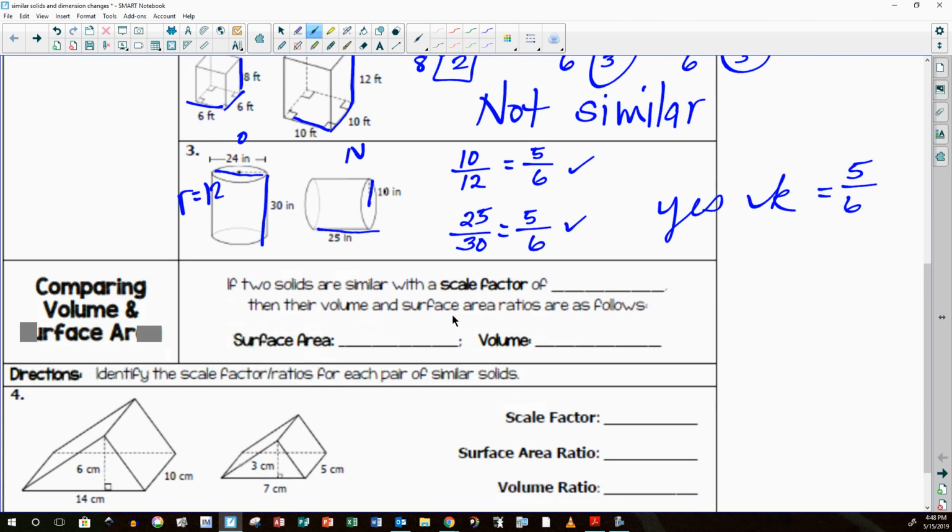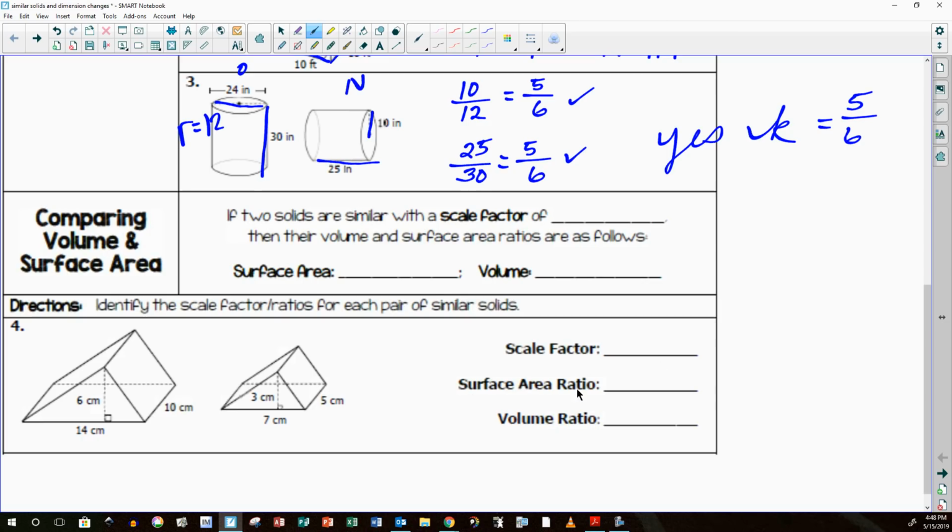All right, so now let's compare. This is where it gets fun. If two solids are similar with a scale factor of A to B, or maybe we write it as A over B, then their surface area and volume ratios are as follows.